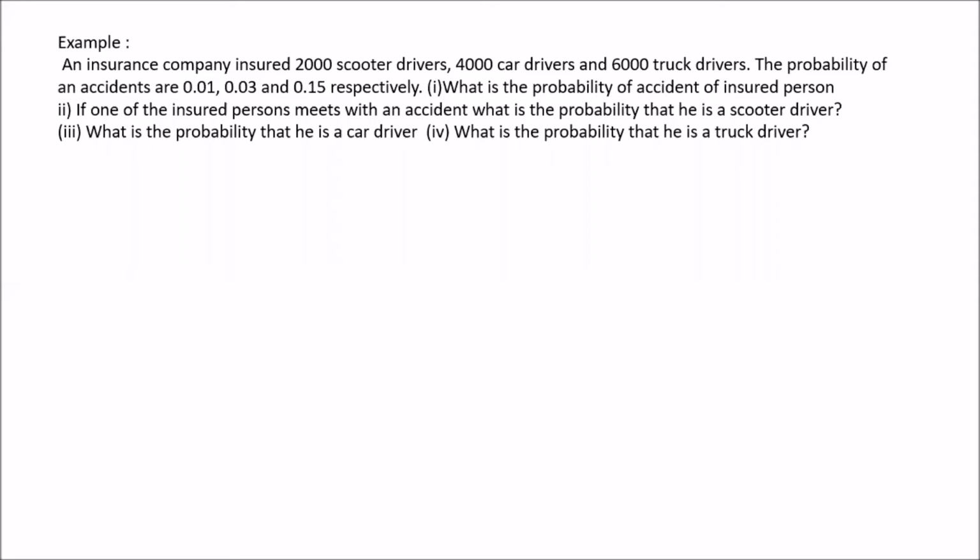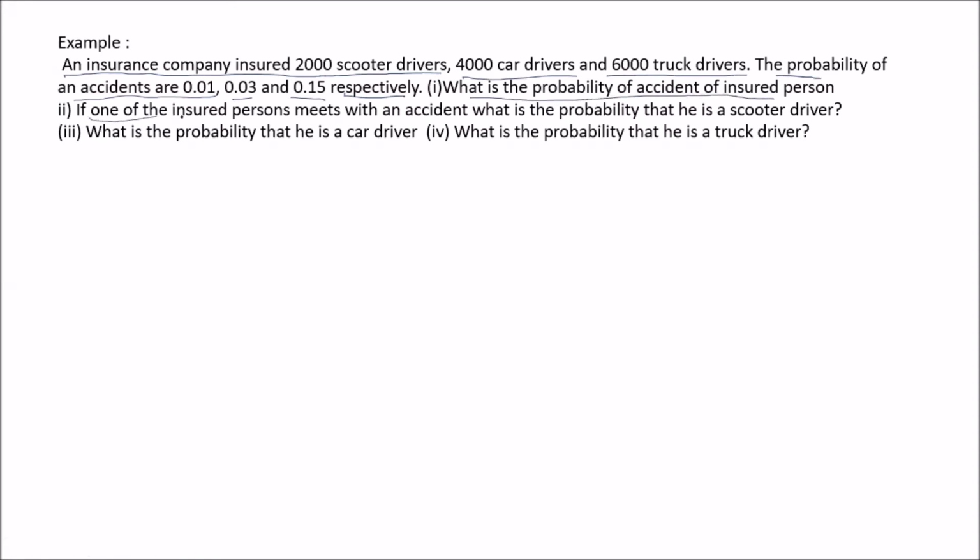But for your better understanding, I have taken an example. An insurance company insured 2,000 scooter drivers, 4,000 car drivers, and 6,000 truck drivers. The probabilities of an accident are 0.01, 0.03, and 0.15 respectively. What is the probability of an accident of an insured person?